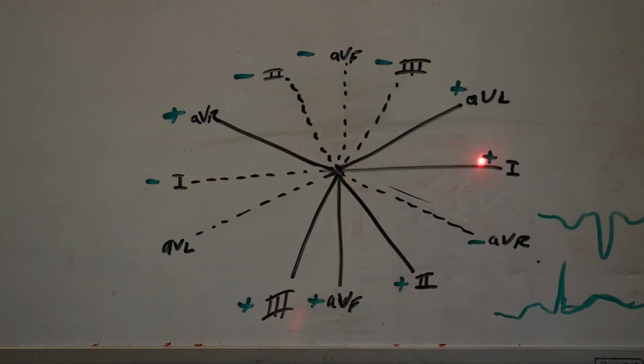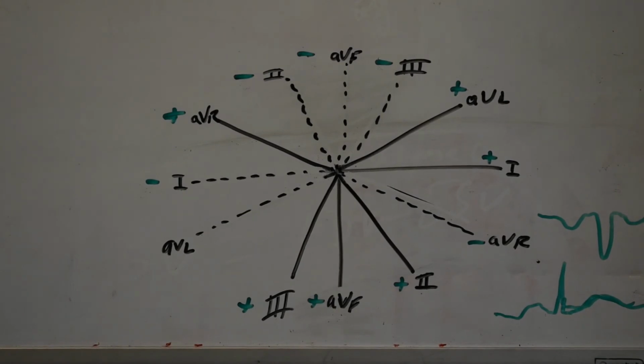Remember that triangle? It should travel this way. And if it does, we'll see positive deflections in lead 2. Which means we should see biphasic in lead 3 because it's traveling perpendicular to lead 3. I will go over some of those examples in different videos.